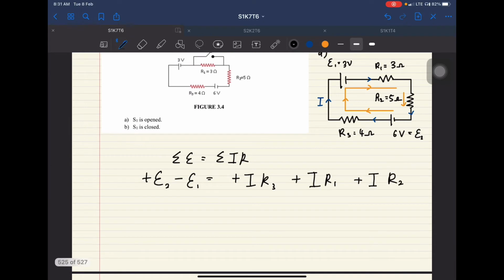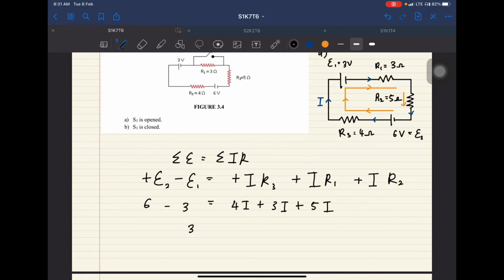Now you just have to substitute all the values. R3 is equal to 4, so 4I, R1 is 3, R2 is 5, and on the left hand side you have 6 minus 3.